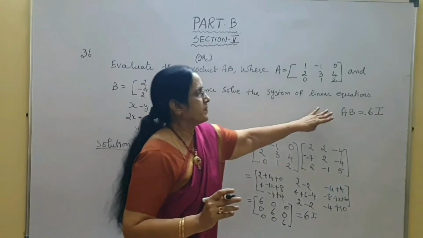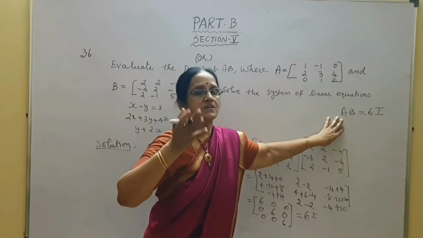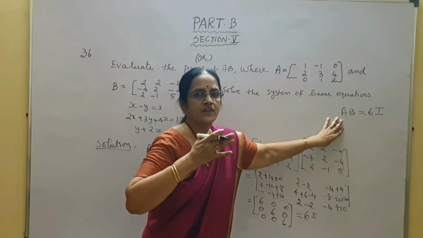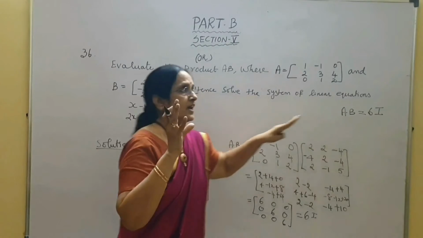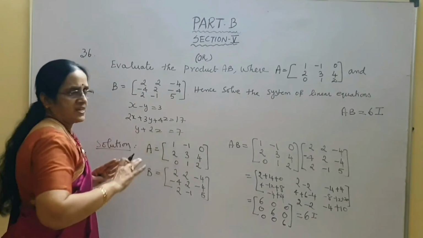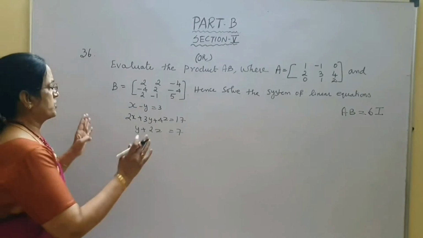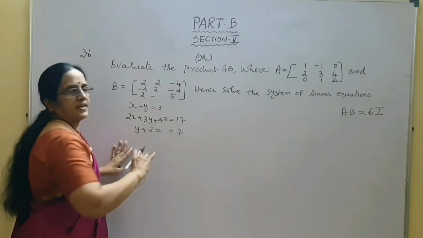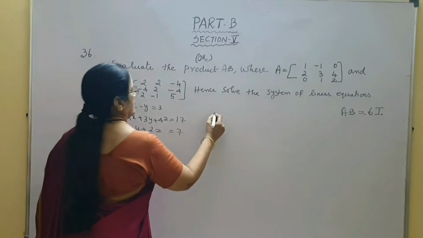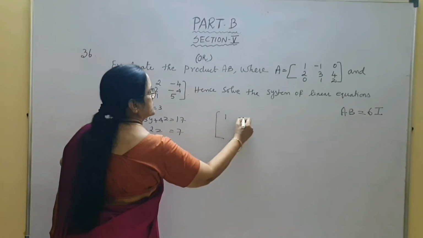Now, from here I need to decide whether A is the inverse of B or B is the inverse of A after writing the given system of equations in matrix form. So let us do that part now. Now let us put these equations in matrix form. I will be getting 1 minus 1.